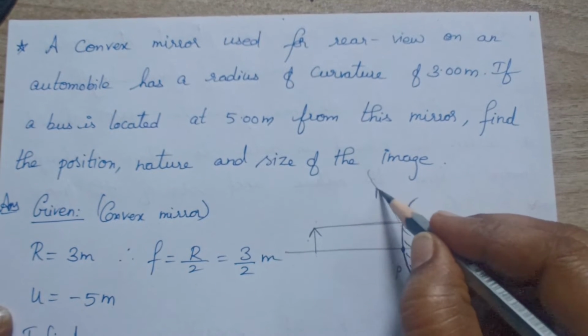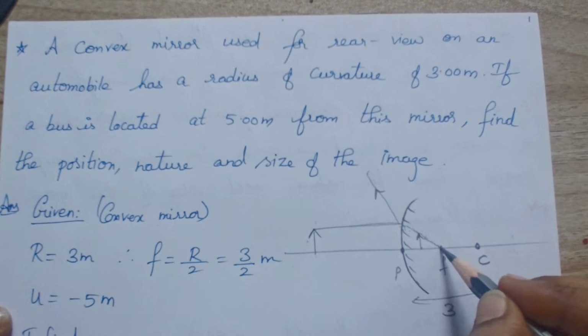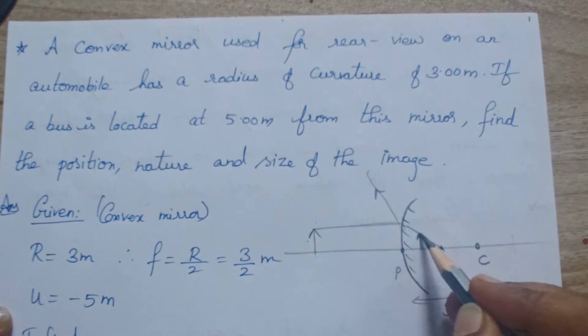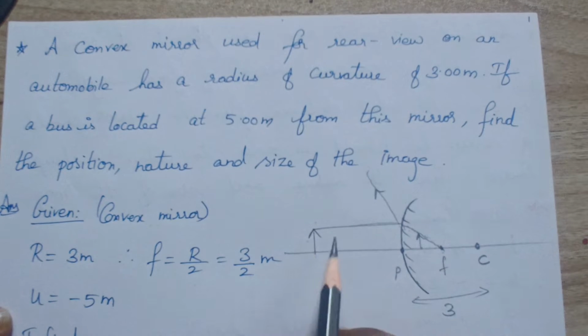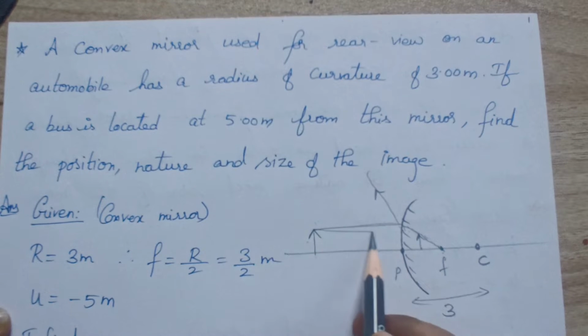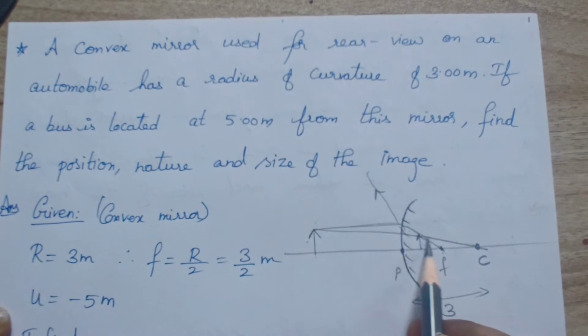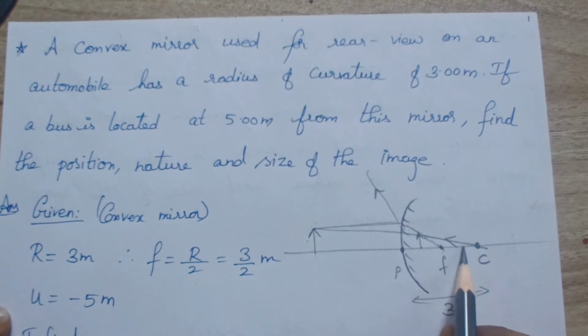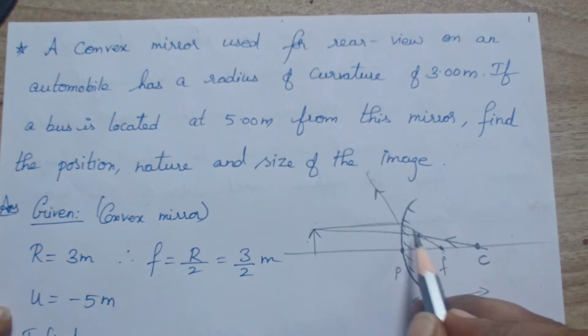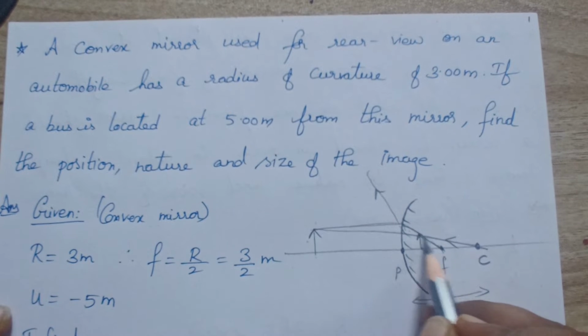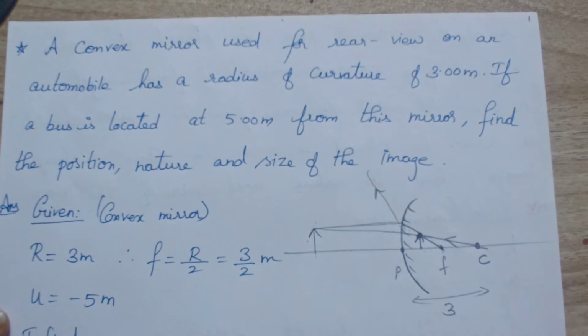It will reflect like this and appear to converge here. And this is a ray directed through the center of curvature; when it passes toward the center of curvature, it will be reflected back again. So this is the meeting point of these two, and your image will be formed here.